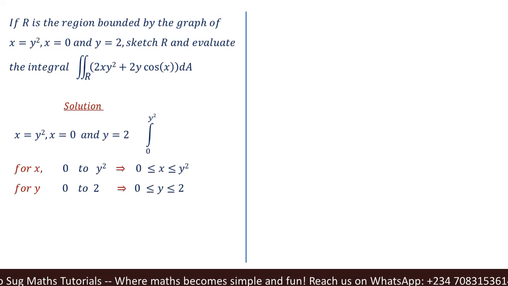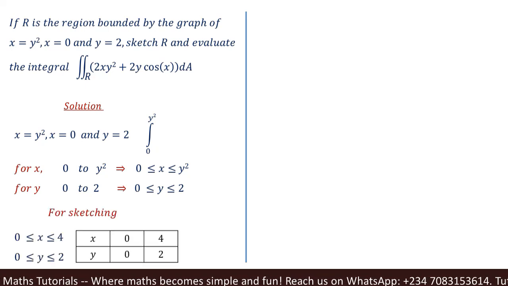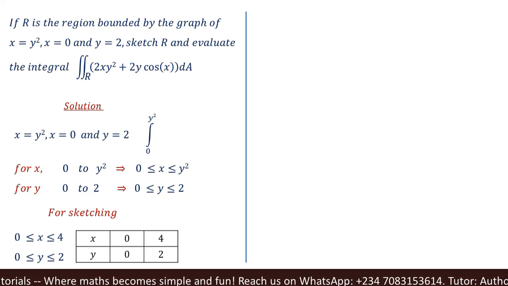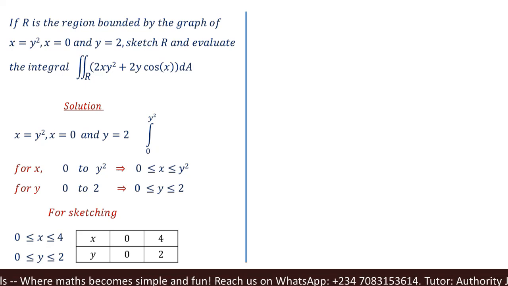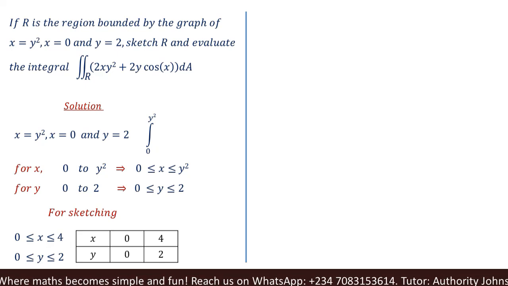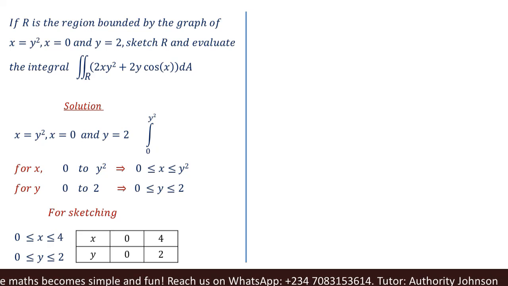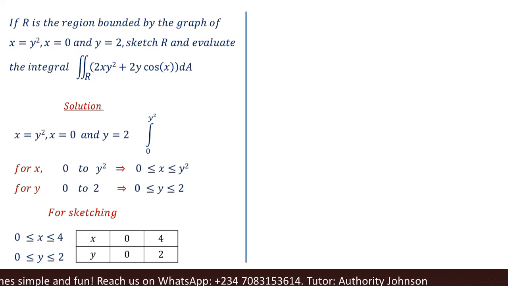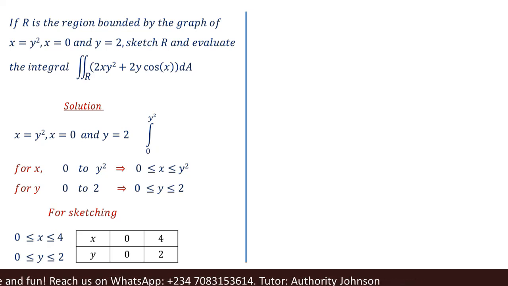For the sketching, we say that x is running from 0 to y squared. Now you see that y squared is not a real value, but we are going to see what happens here. We say that x equals y squared, and y equals 2. So when y is 2, what happens to y squared? It gives you 4.